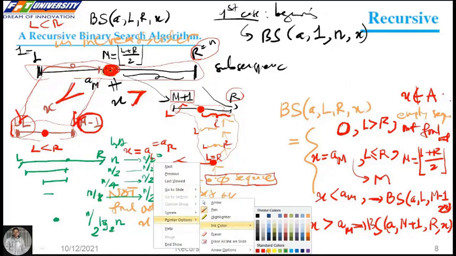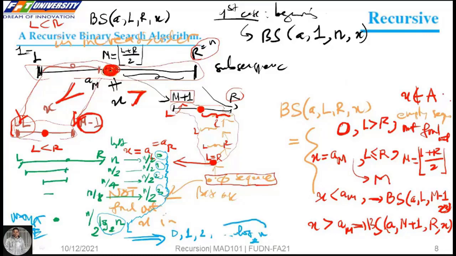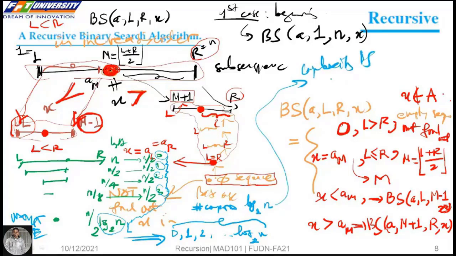We can see this is step 0, step 1, 2, up to the step of log base 2 of n. So the number of comparisons is log of n. So we can conclude the complexity of binary search is O(log n). So binary search is more efficient than linear search.